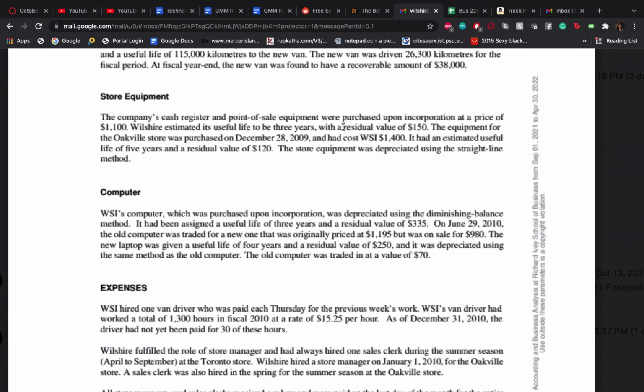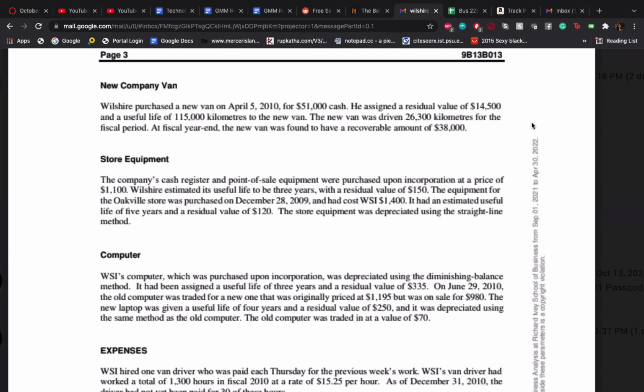Then, estimated useful life to be 3 years, residual value of 150. Okay, so this is pretty much just straight up depreciation. Do you guys want to take a crack at this one? Yeah. So you subtract 115 from 1,100, and then you divide it by, is it 1,400?